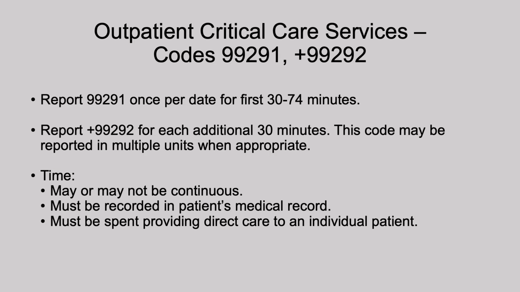The patient may receive care for 2 hours in the morning and then 2 hours in the afternoon. So you add all that together. It must, of course, be recorded in the patient's medical record and must be spent providing direct care to an individual patient. So the provider is focused on this patient when giving the care.